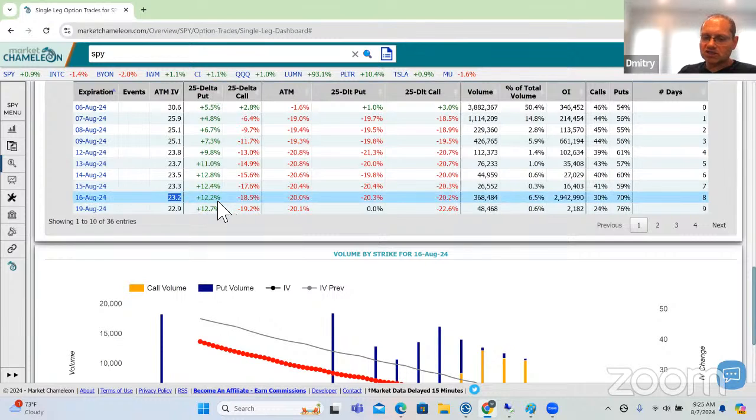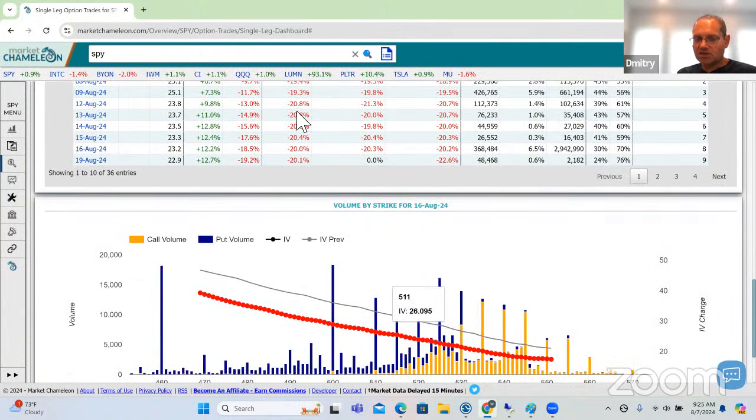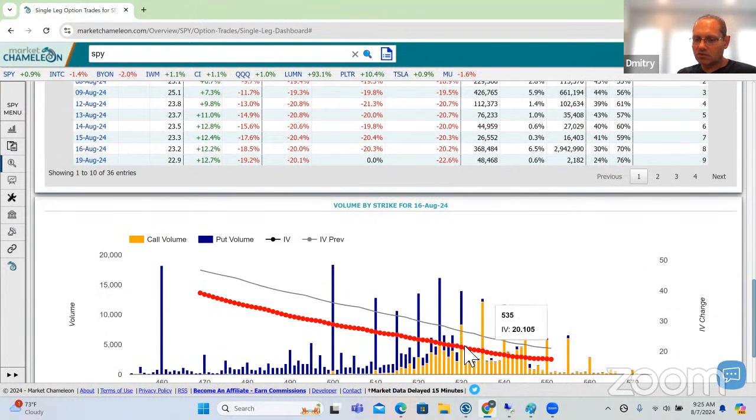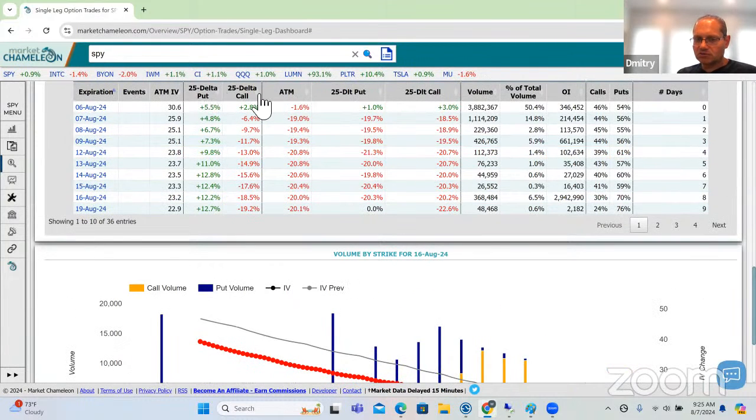If we wanted to get a sense of what the implied volatilities are doing as we go to lower strikes and to higher strikes, let's standardize it and reference the 25 delta put, a put below the at the money, and a 25 delta call, a call above the at the money.